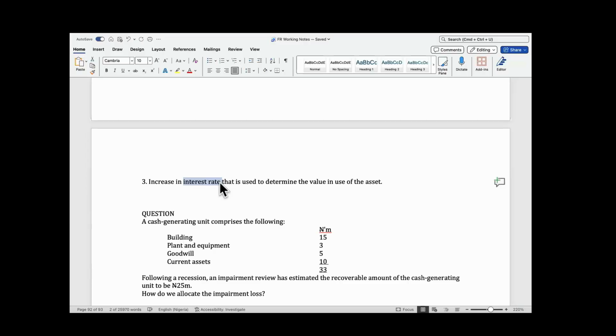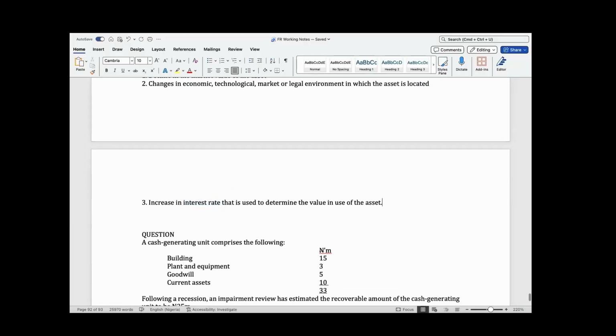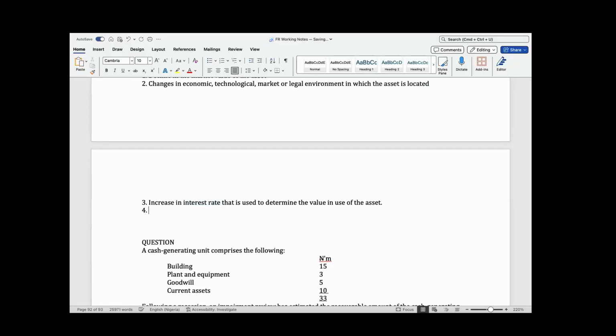Also, where the market capitalization of an entity is lower than the net assets of the entity. This is applicable for entities that are listed on the market. Okay.